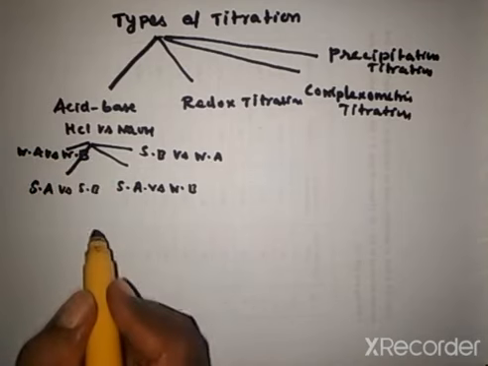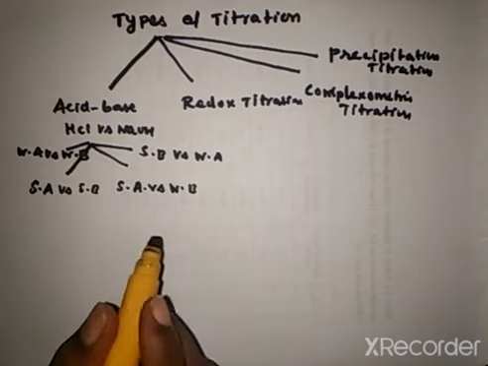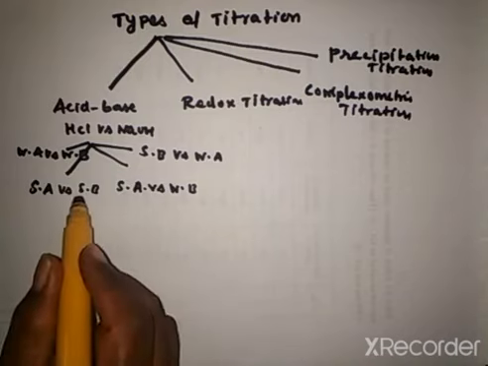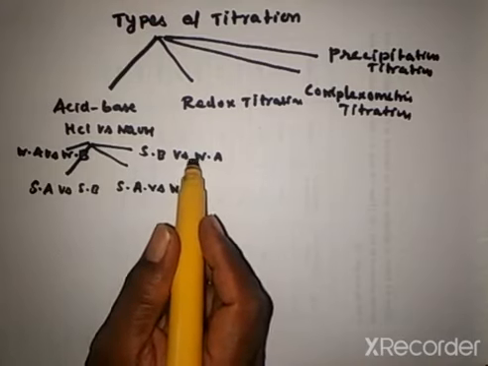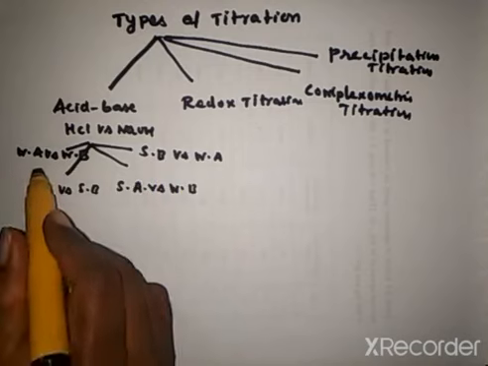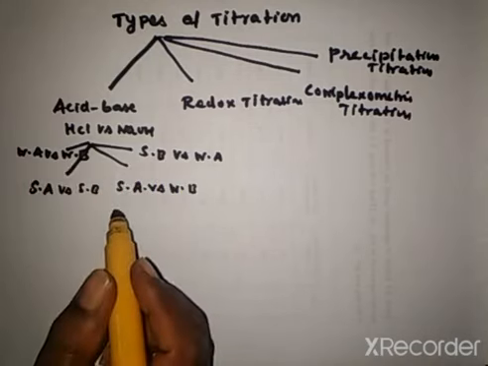So we can further divide the acid base titrations into these categories: strong acid versus strong base, strong acid versus weak base, weak acid versus strong base, and weak acid versus weak base. We shall discuss in detail later.